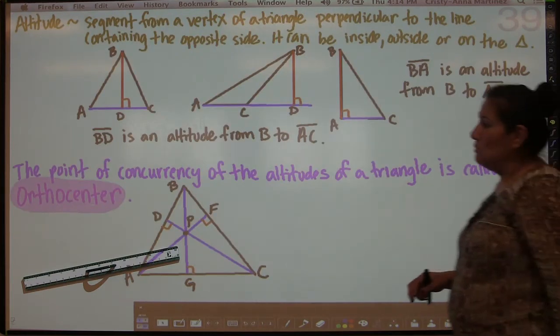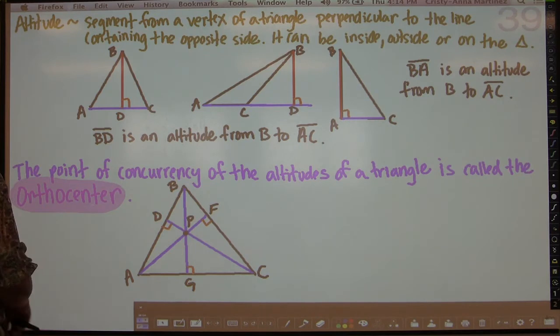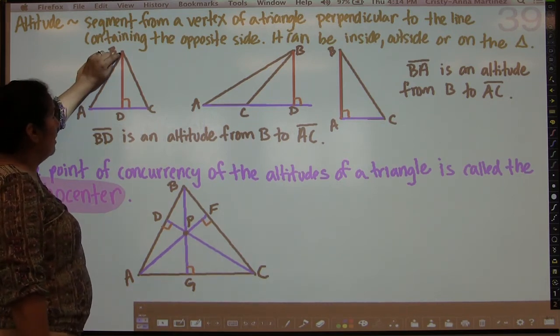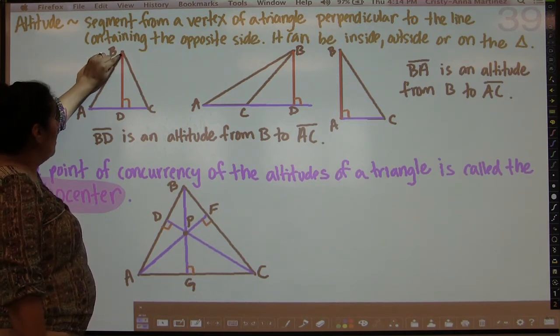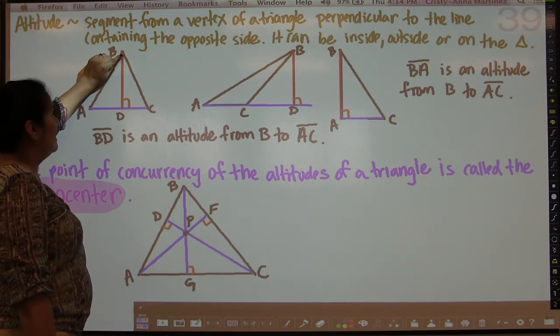All right, and so then we move on to the next point of concurrency, and that is of the altitudes. And with the altitudes, the altitude of a triangle is the segment that goes from a vertex of the triangle, like point B, for example, and it has to be perpendicular, that's important, it has to be perpendicular to the line containing the opposite side.